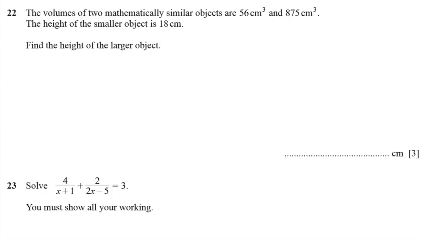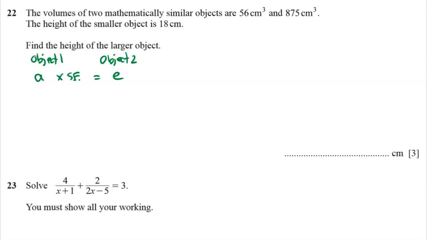What we know with 2 objects, let's go object 1, object 2. We know that if we have a length in object 1, A, we multiply it by a scale factor, let's use SF, we will get, let's just go to E, a length in the other one. Makes sense, right?